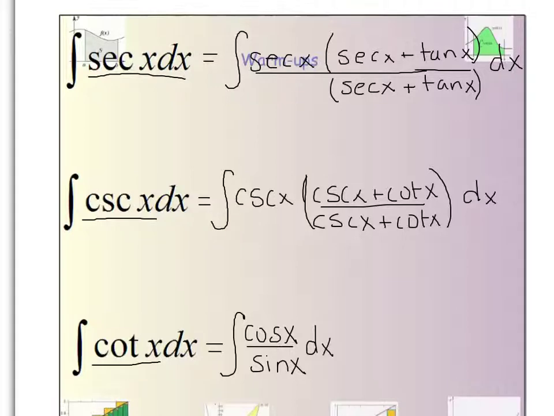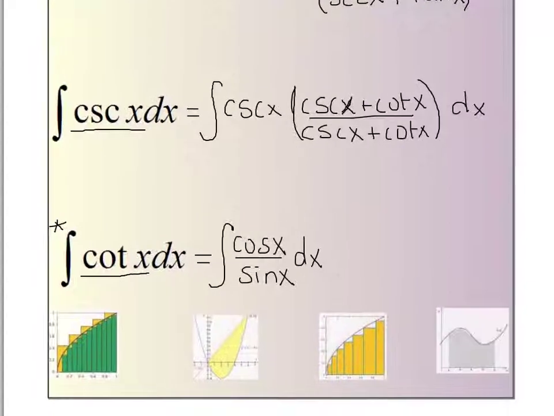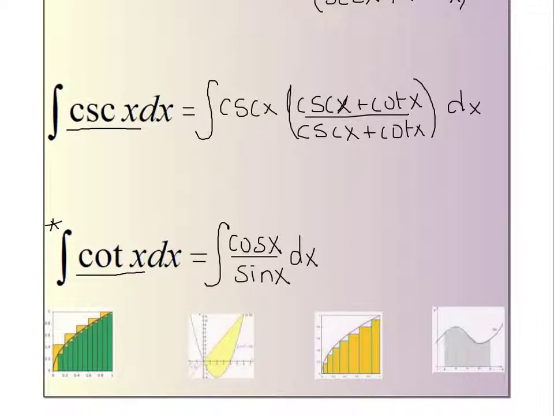Now, all of these have very similar techniques in the end. The cotangent of x is pretty self-evident. I mean, you can kind of see where this one's going. It's very similar to the integral of tangent, which we did yesterday. In that, now you can let w equal the sine of x, and dw then is equal to cosine x dx.